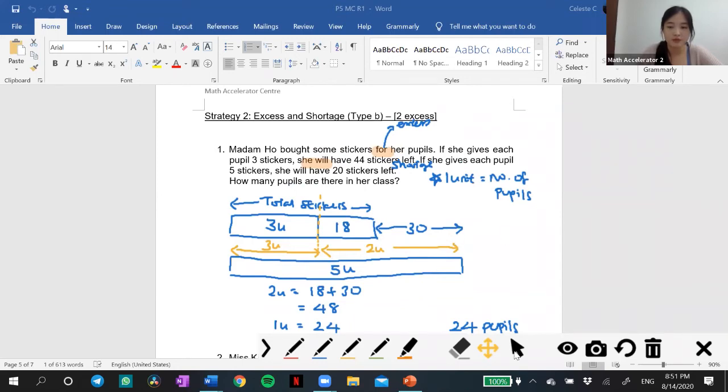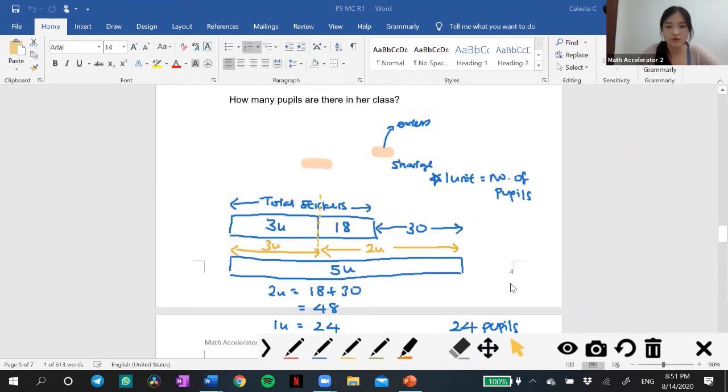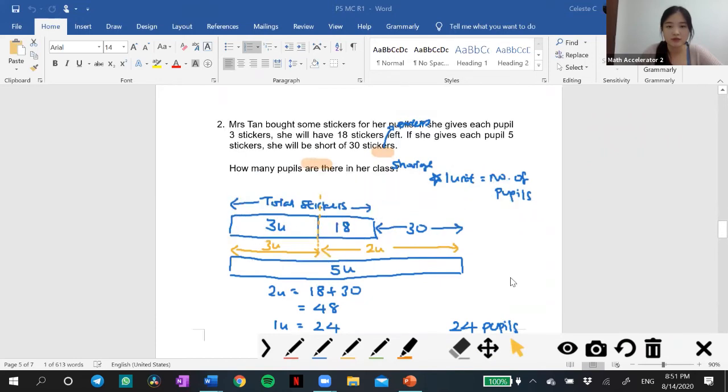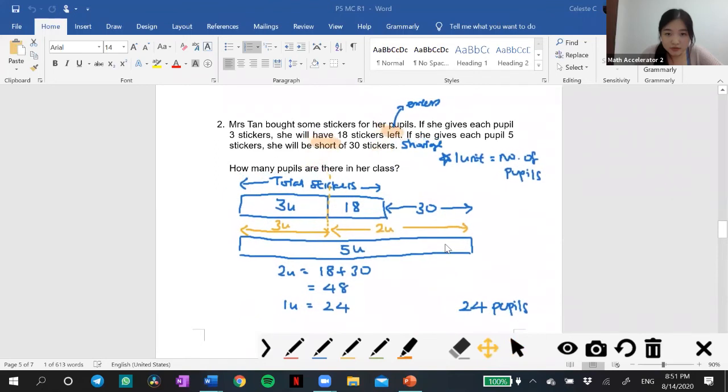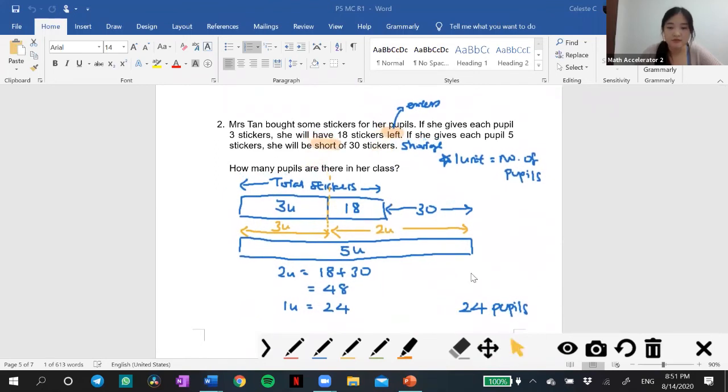Why is 1 unit the number of pupils? Okay, I'll explain again, so you listen carefully. Look at this model here, total stickers. If she gives each pupil 3 stickers, and 1 unit is the number of pupils. So let's say we already found 24 here, right?